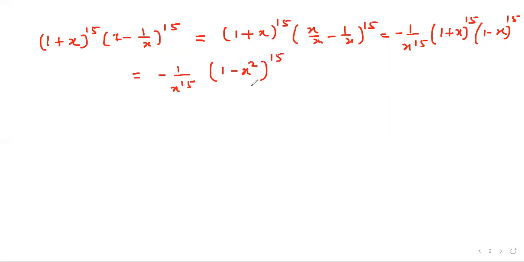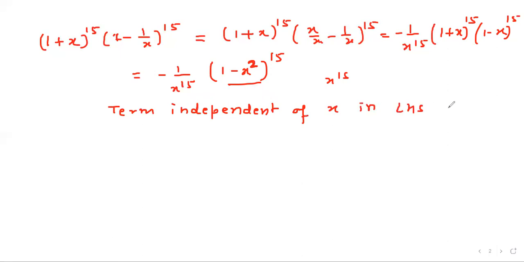Now term independent of x can be found if we get x power 15 in the expansion of (1 minus x square) whole power 15. But if we expand it, every power of x will be a multiple of 2. That can't be 15. Hence, we say that the term independent of x in LHS is 0.